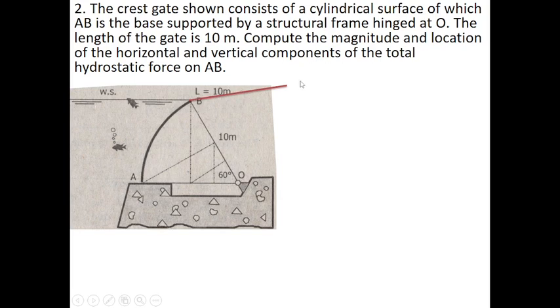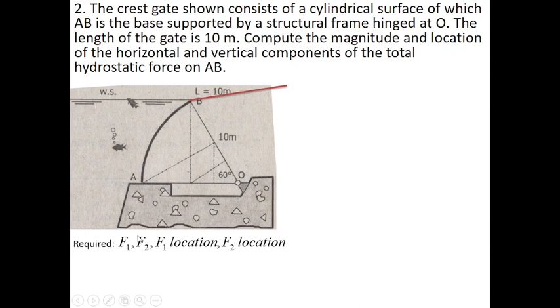And we are to compute the magnitude and location of the horizontal and vertical components of the total hydrostatic force on AB.